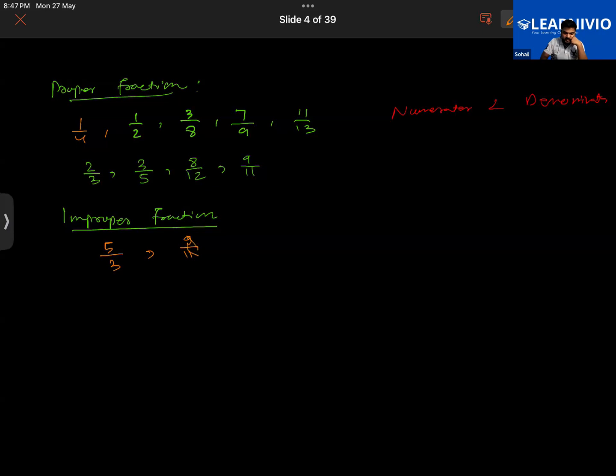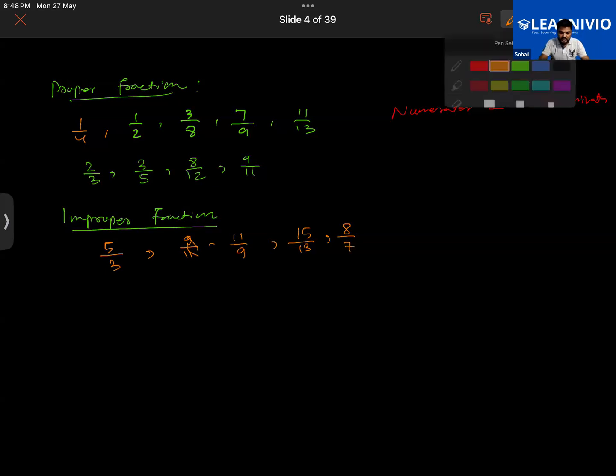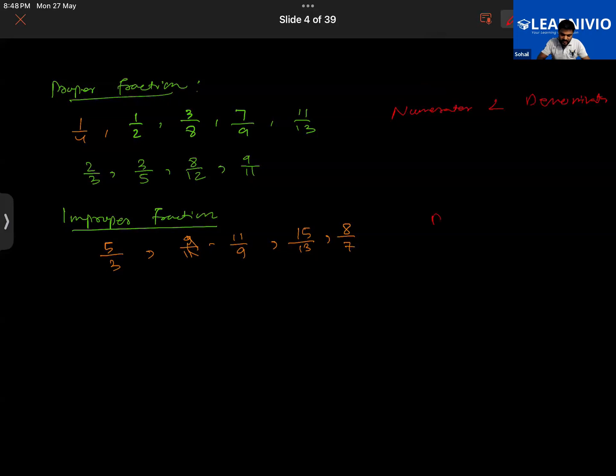No, so it should be 11 upon 9. And 8 upon 7. Very good. So these are the examples of improper fractions where the denominator is lesser than the numerator. The numerator is bigger in all these cases.